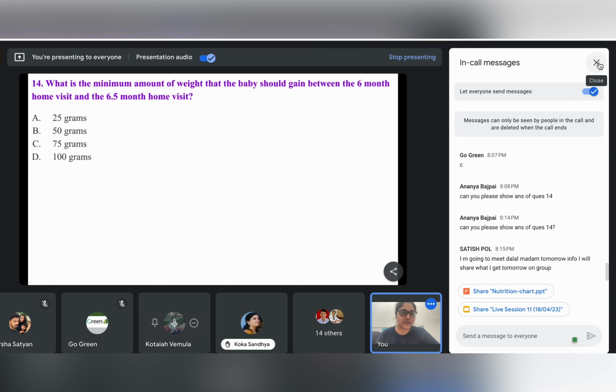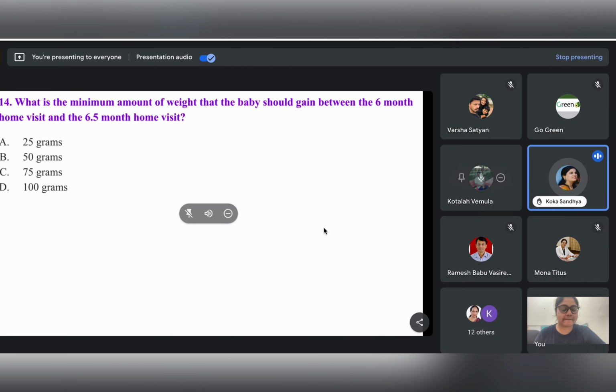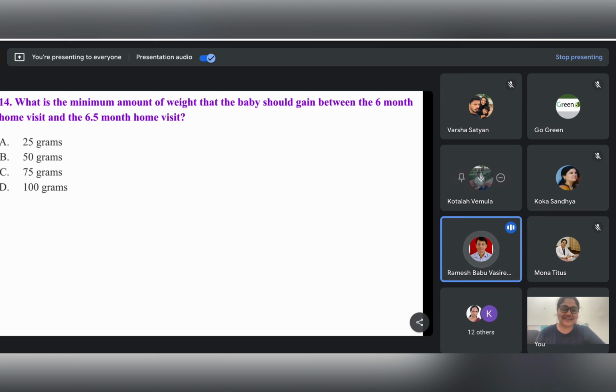Ma'am, is there negative marking for MCQs? Negative marking, I'm not sure about this. How the marking would be done, I'm not really sure. And is it an online examination? I'm really not sure about that also.